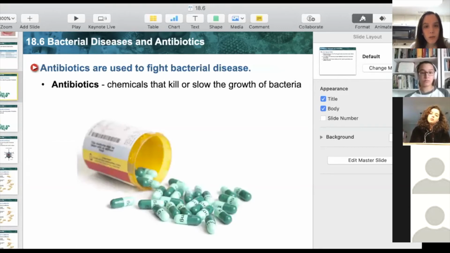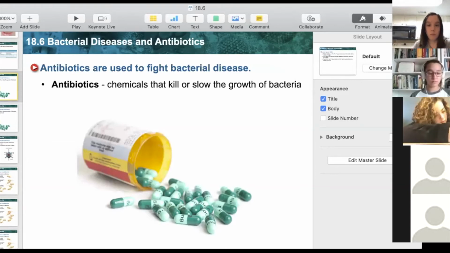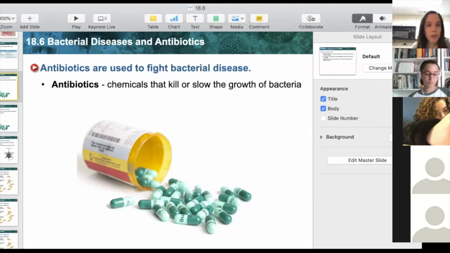So the way to treat bacterial infections is antibiotics. These are chemicals that can kill or slow the growth of bacteria. Antibiotics are found usually through fungus.